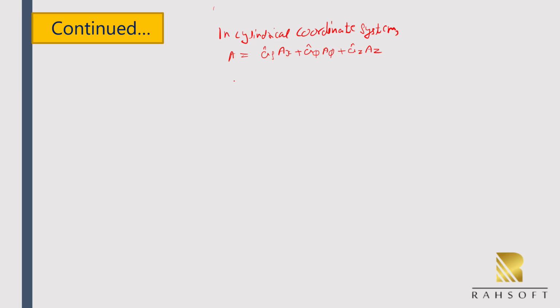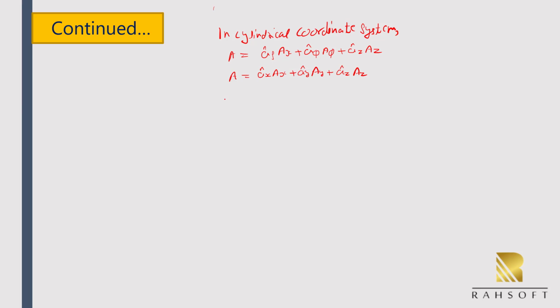And in Cartesian coordinate system, vectors can be represented as unit vector a_x times vector A_x, unit vector a_y times vector A_y, plus unit vector a_z times vector A_z.